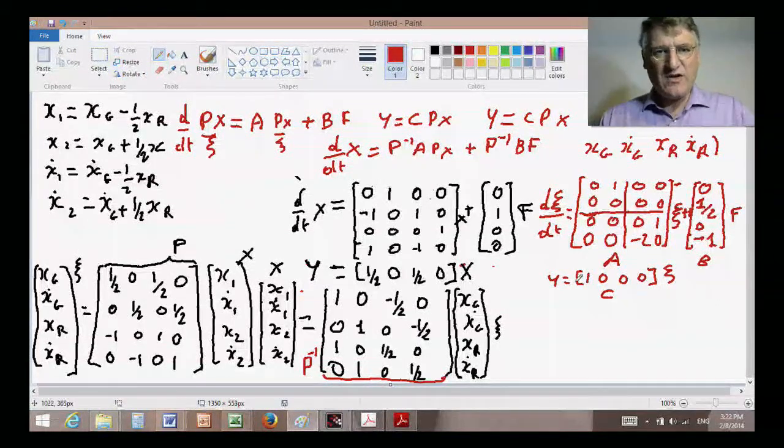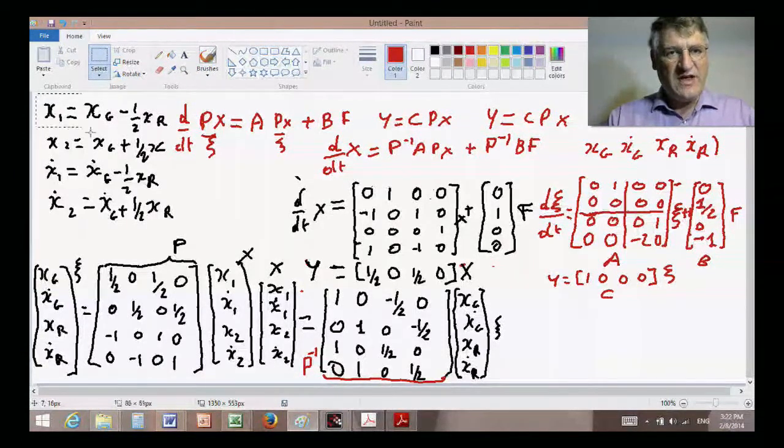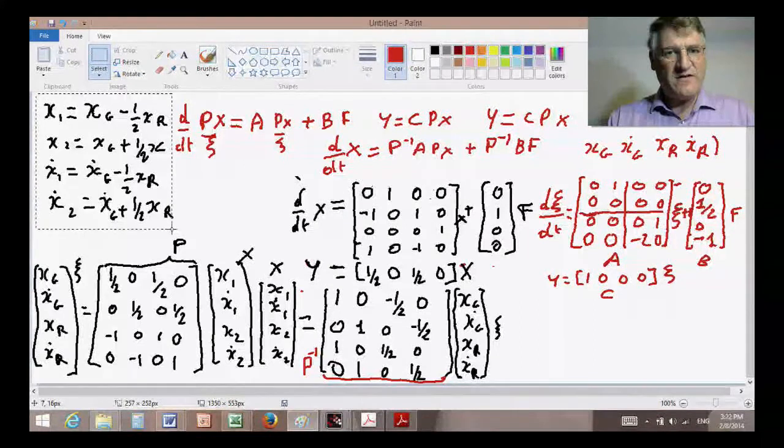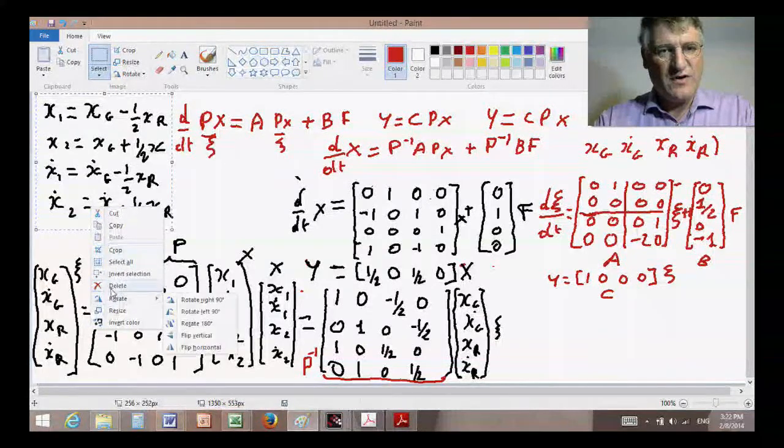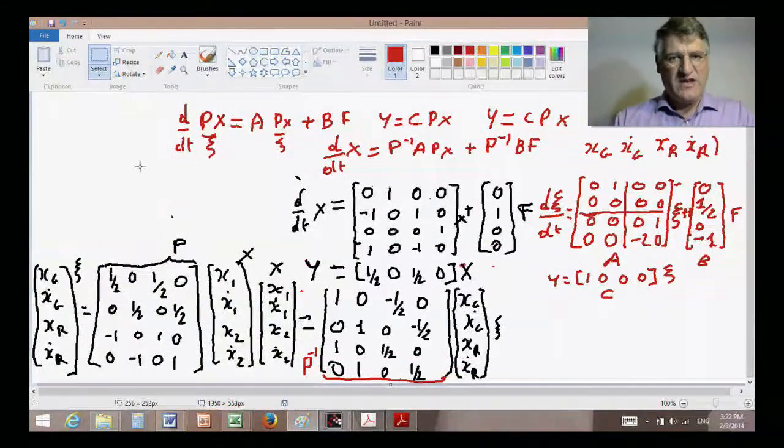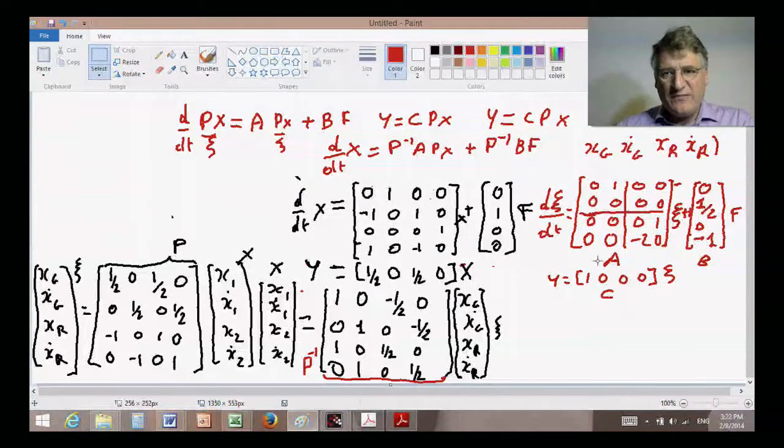So, let me erase this and see if I have the proper result, which is that by correspondence, CP must be equal to that value, P inverse B must be equal to that value, and P inverse AP must be equal to this.